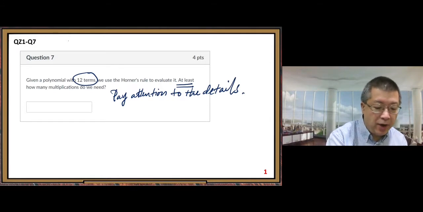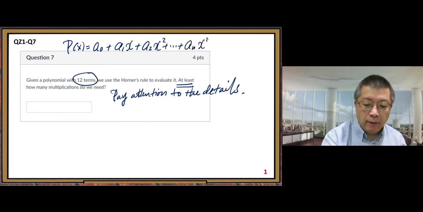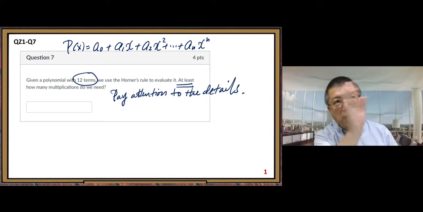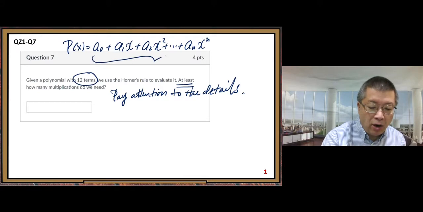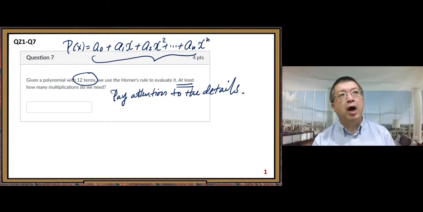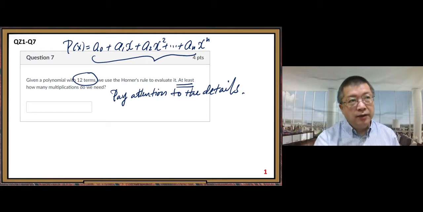First, we know the polynomial we work on is written in this way. A0, the constant term, A1x, A2x squared, the last term. In this standard polynomial form, how many terms do we have? The number of terms. Do not use n.